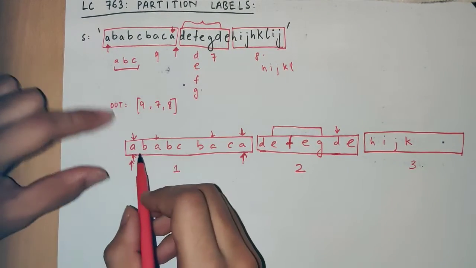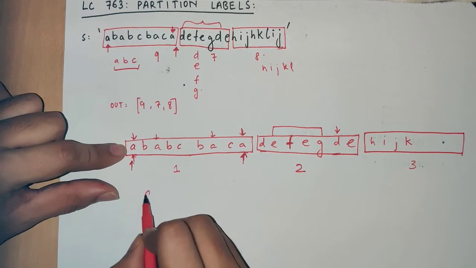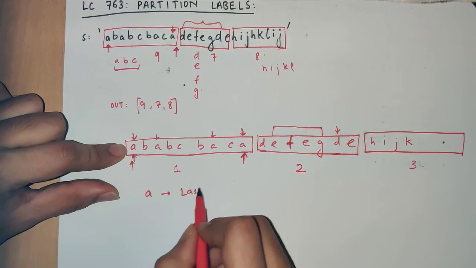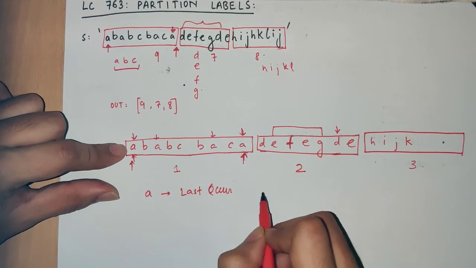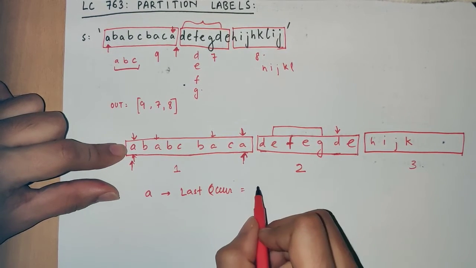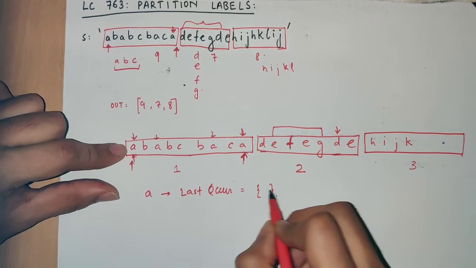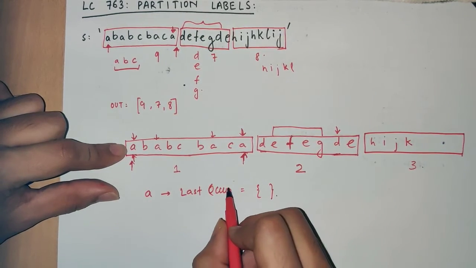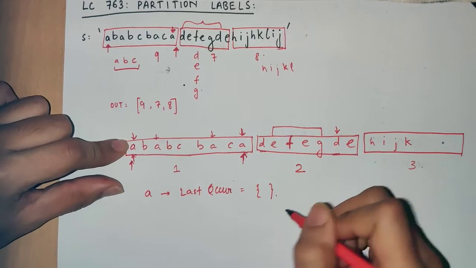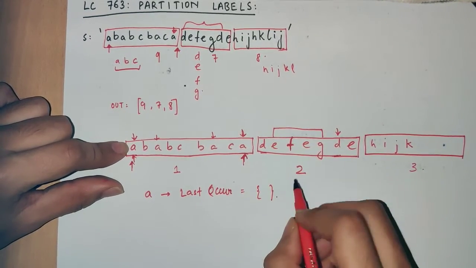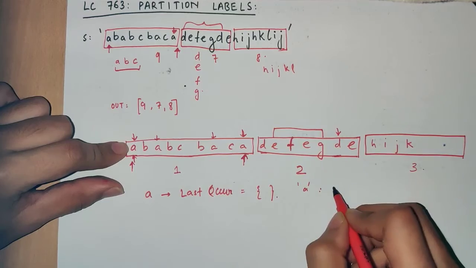So basically, for a particular element we need to find the last occurrence of that element, and we need to store that. Set will not be the correct choice, so in a dictionary we can store the element along with its last occurrence.